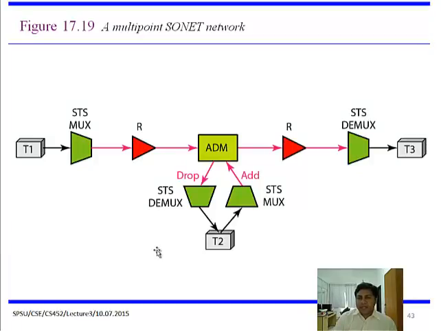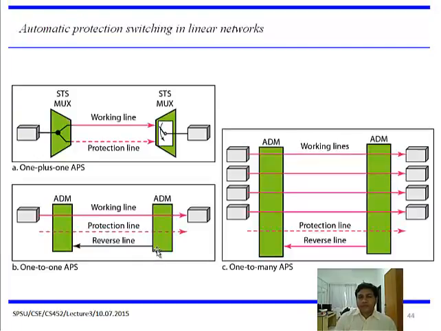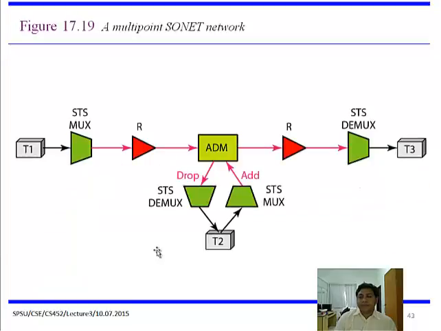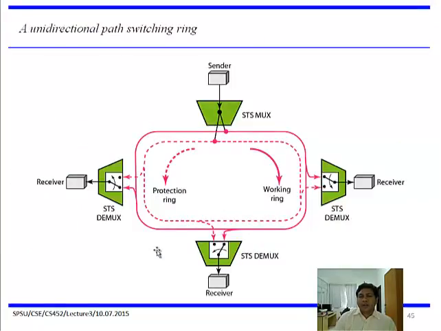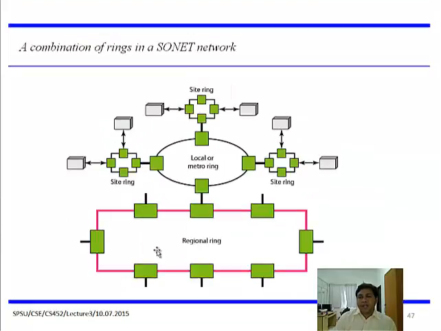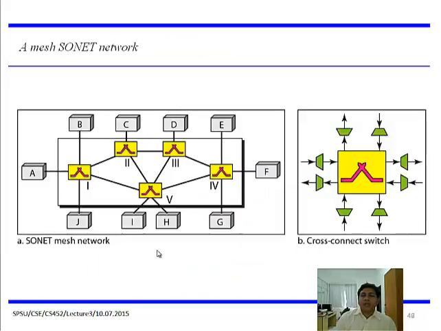This is a multi-point SONET network, and this is APS when we talk about ring network. This can create a ring architecture. It's a unidirectional path, this is a bidirectional path, and this is a combination ring which can lead to a mesh network. So this is a mesh network.